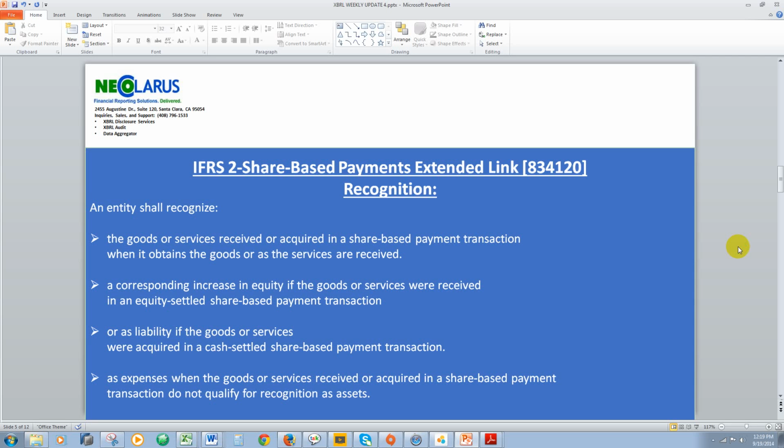The entity shall recognize as a liability if the goods or services were acquired in a cash settled share-based payment transaction. The entity shall recognize as expenses when the goods or services received or acquired in a share-based payment transaction do not qualify for recognition as assets.